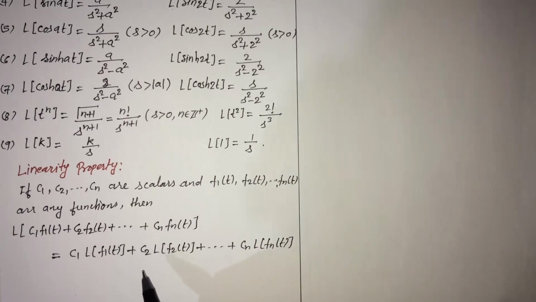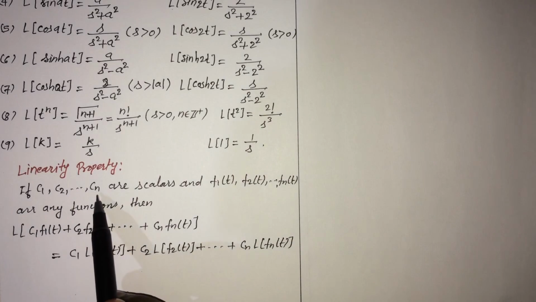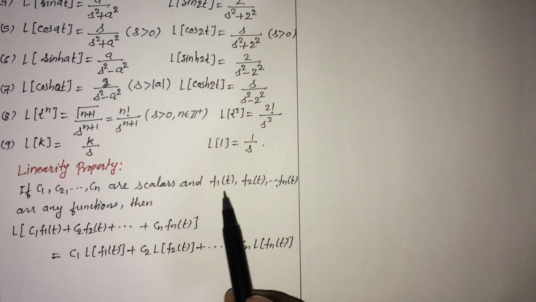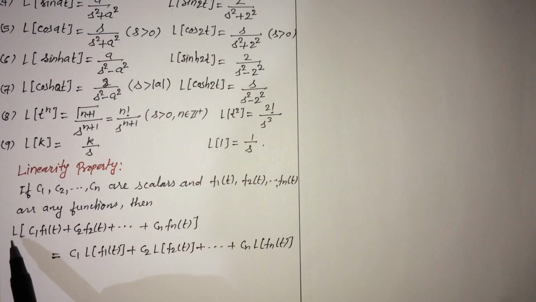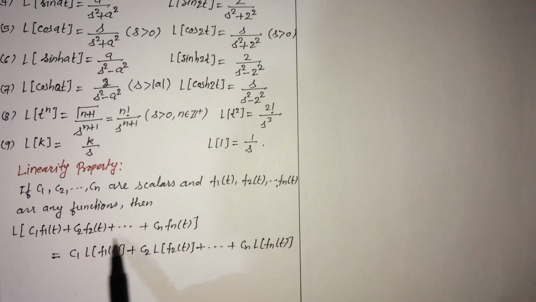So what do we mean by this property? If c1, c2 up to cn are any scalars or constants and f1, f2 up to fn are any functions, then the linearity property is defined as the Laplace transform of their linear combination c1 f1 t plus c2 f2 t plus up to cn fn can be written as, taking the constant outside, c1 into Laplace transform of f1 t plus c2 into Laplace transform of f2 t plus up to cn into Laplace transform of fn t.